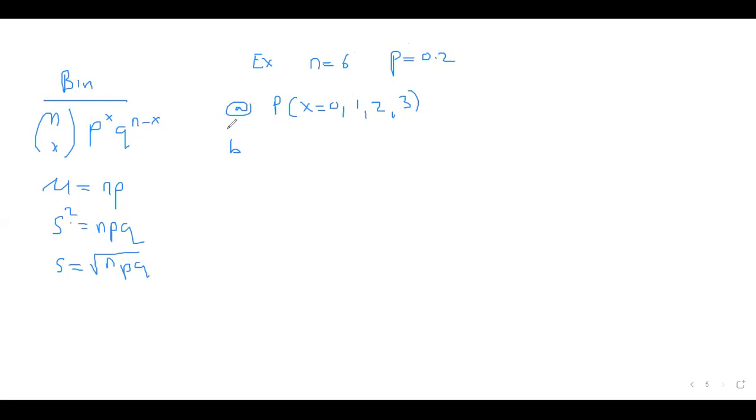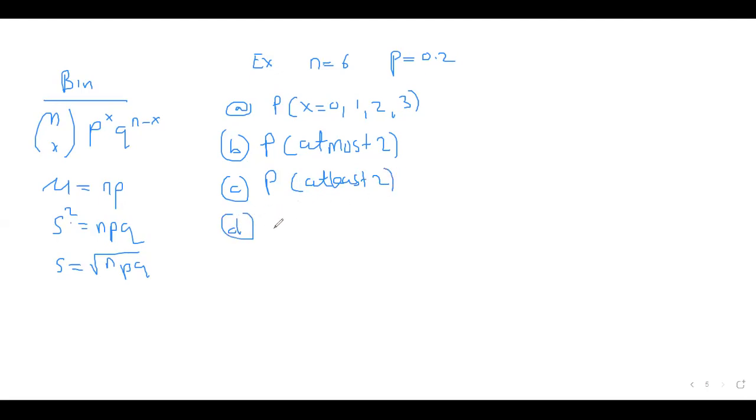And B, your probability of at most 2, maybe probability at least 2. Then finally they'll ask you to find the mean, the variance, the standard deviation. So let's find these quickly.